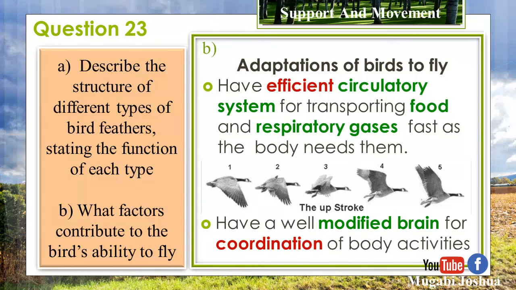They also have a well-modified brain for coordination of body activities, as the body is easily moving in the air, and also for other physiological processes taking place in the body. The brain is well modified to coordinate all these body activities. Those are adaptations of the birds to fly.